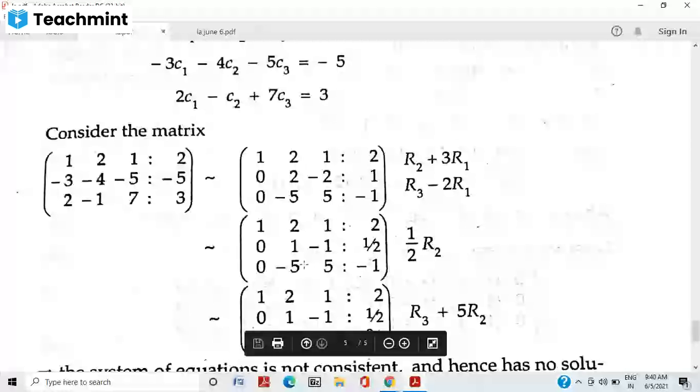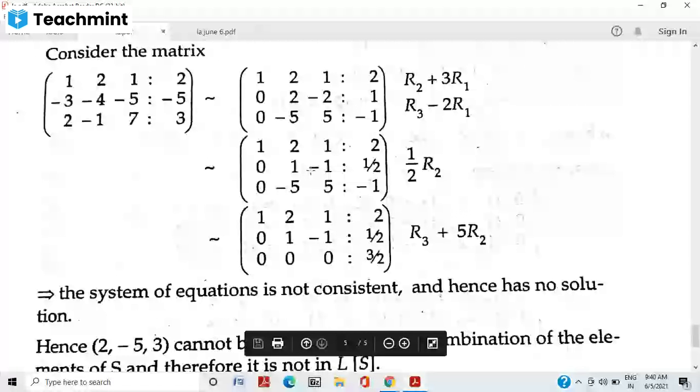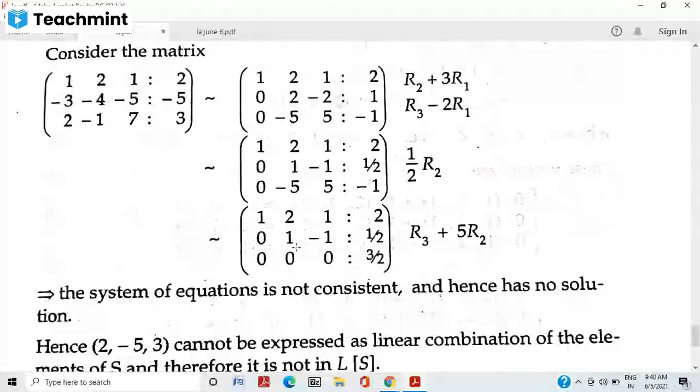Next, what we do? This minus 5 into 0. For that, what we can do? R3 plus 5R2. That means first and second row we didn't change. Then third row what we get? 0, minus 5 plus 5, 0.